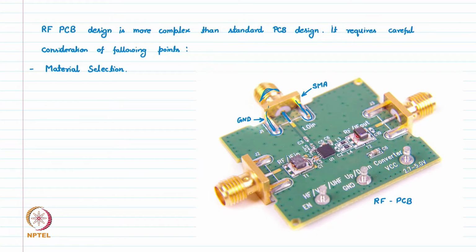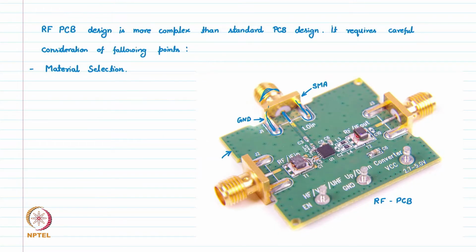The signal comes here and is applied to this IC through this track. This whole thing is made on some substrate. This can be FR4, it can be Duroid substrate, or it can be PTFE. There are many materials available for RF PCB design.